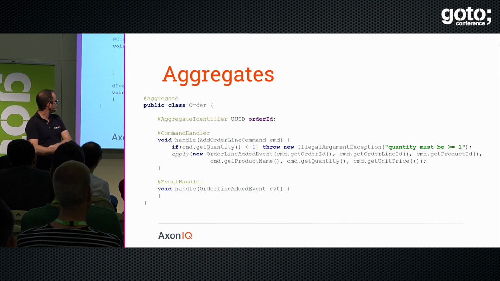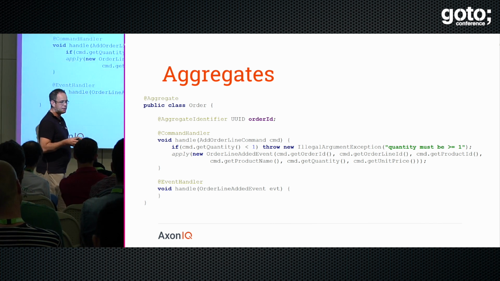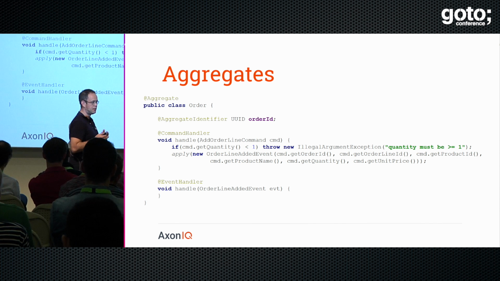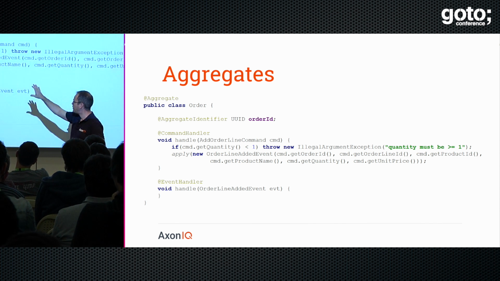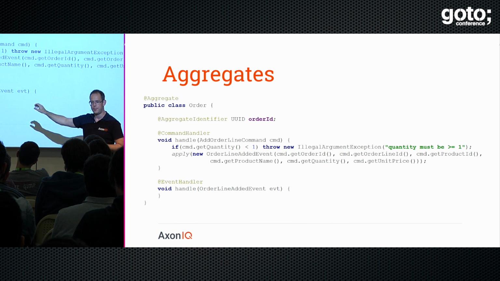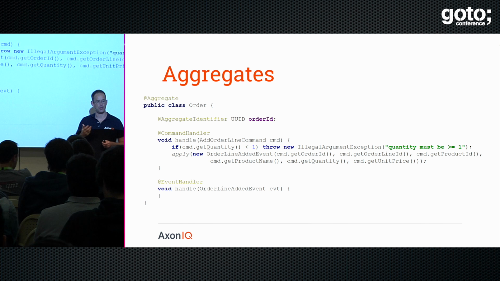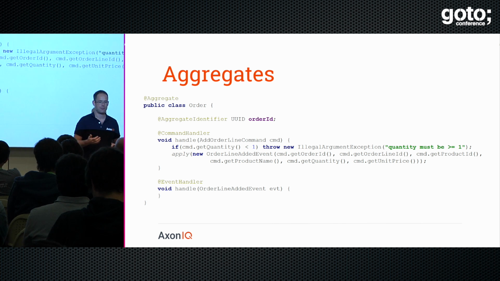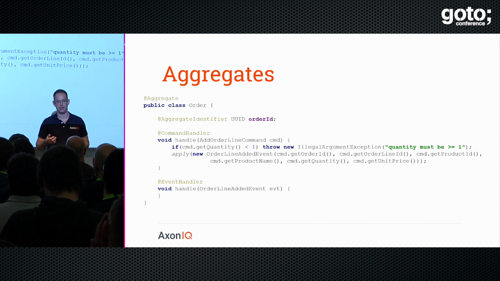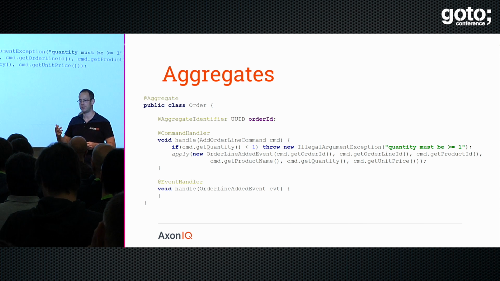Inside the aggregate, your code may look like this. So you have, of course, an aggregate identifier that you need to annotate, so Axon knows what you mean with that. And then there will be command handlers and event handlers. Command handlers do a bunch of checks, so they will determine whether or not the command is allowed to be processed, but they will never ever change state directly, because change will always go through events.